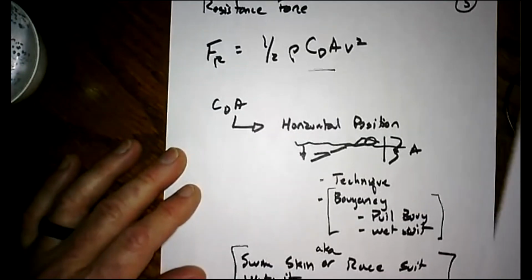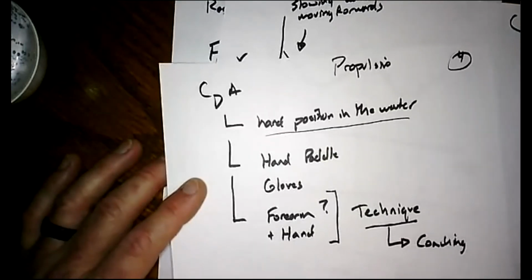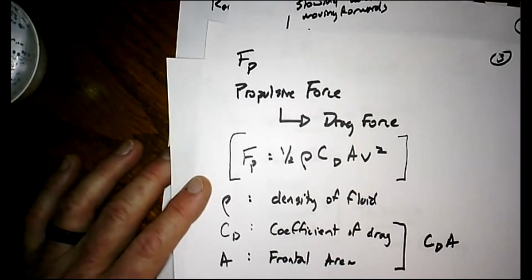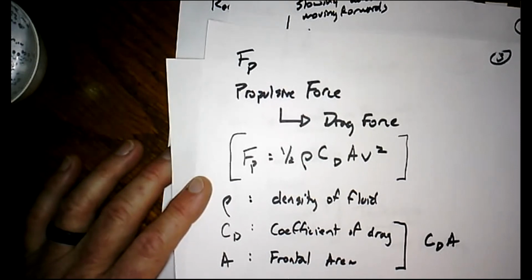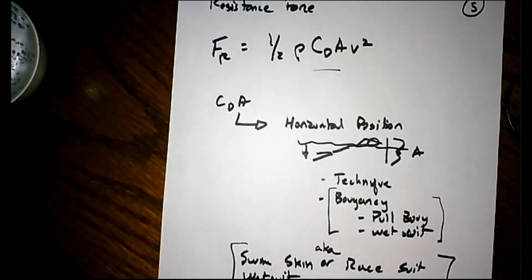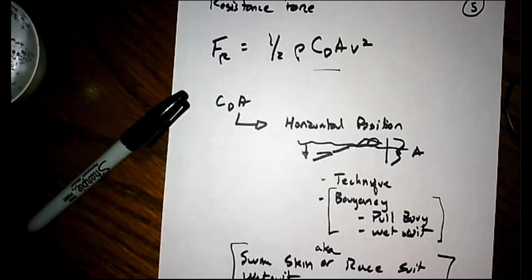Well, you just go to your equation, your drag force, and you go through each of those parameters, and you identify how you can increase each of those parameters. How do you reduce the resistance force? Well, you go to that equation, there it is, and you try to reduce those parameters. And you start coming up with wetsuit design, swim skin design, equipment design, things like that.